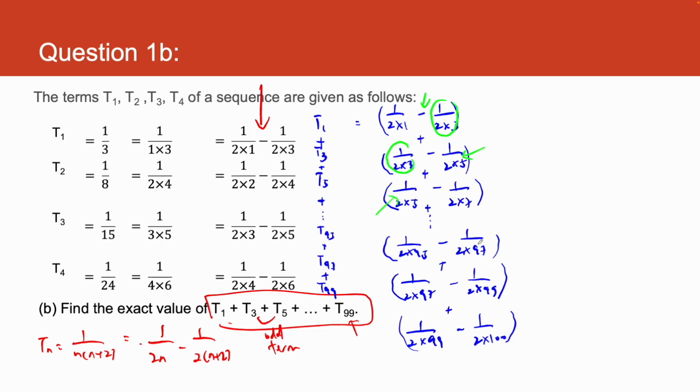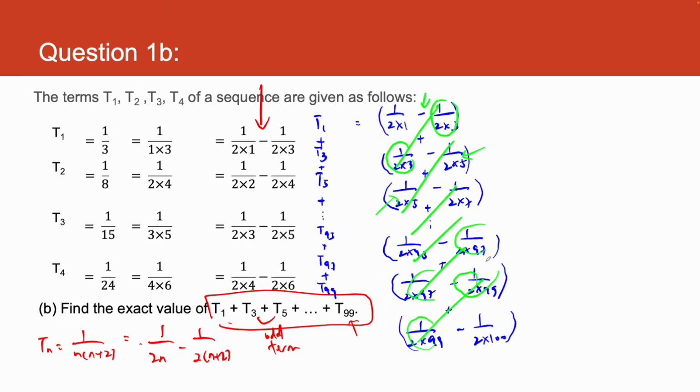Then at the bottom part, you'll see that this and this are the same, they cancel out, and this also cancels out. So I can safely say that these two terms cancel each other out, and 2 times 7 will cancel out with something else. This 2 times 95 will cancel with something else.